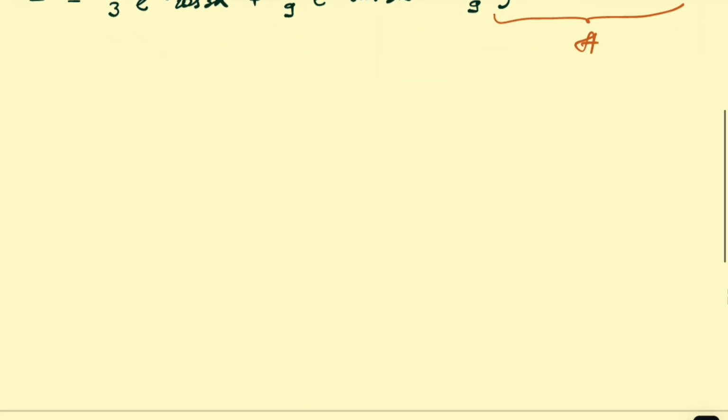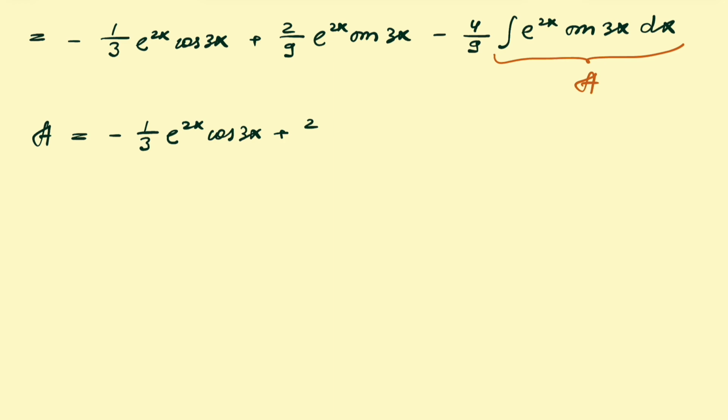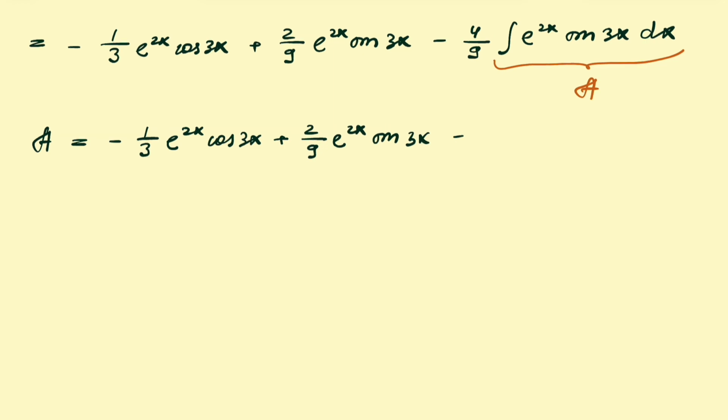We'll have the form of A is equal to minus 1 over 3 times e to the 2x cosine of 3x plus 2 over 9 e to the 2x sine of 3x minus 4 over 9 A.